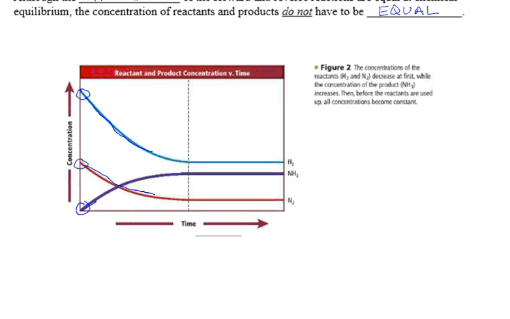The rate of the reverse reaction will also slow down over time, and eventually we reach a state of equilibrium, which is signified by the lines leveling out, which represent concentrations. Notice the concentrations of the three reactants and products are not equal to each other. They could be, but they don't have to be.